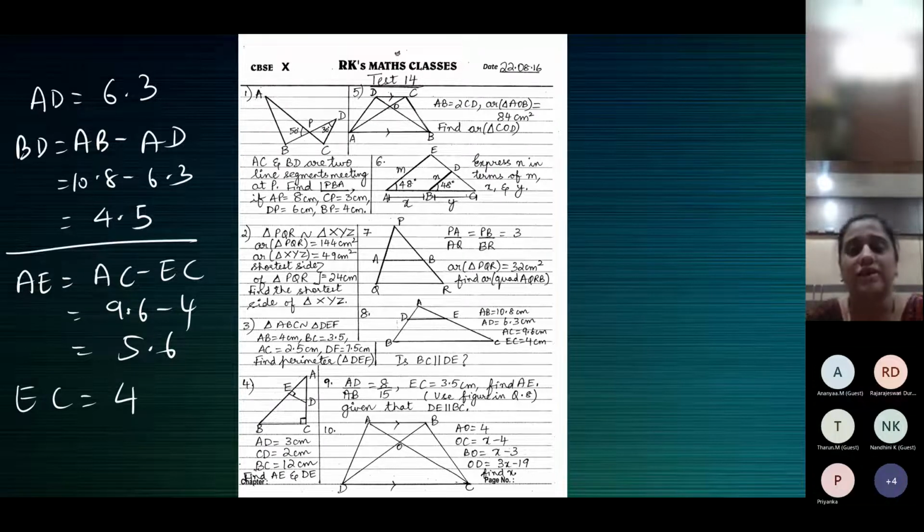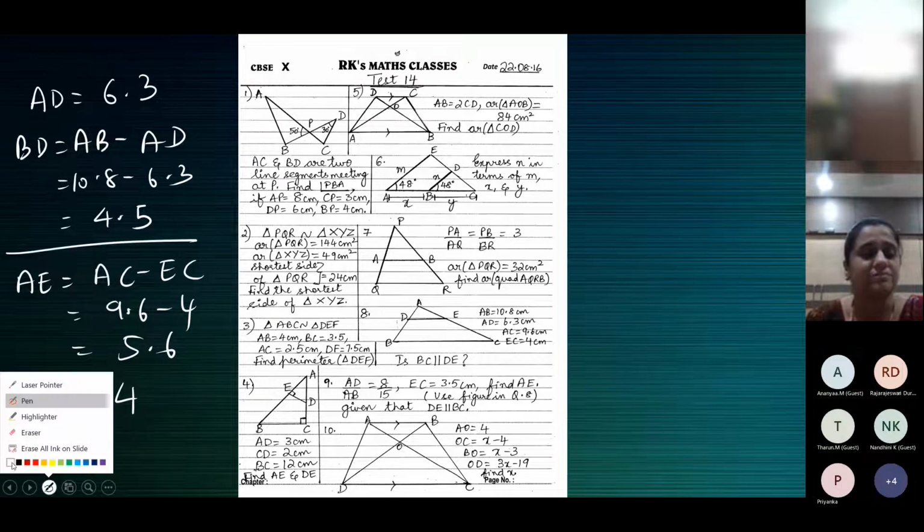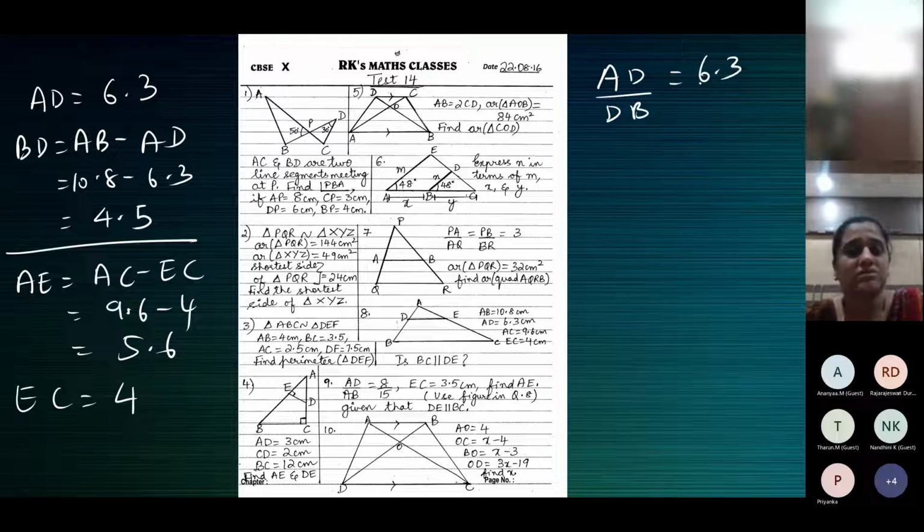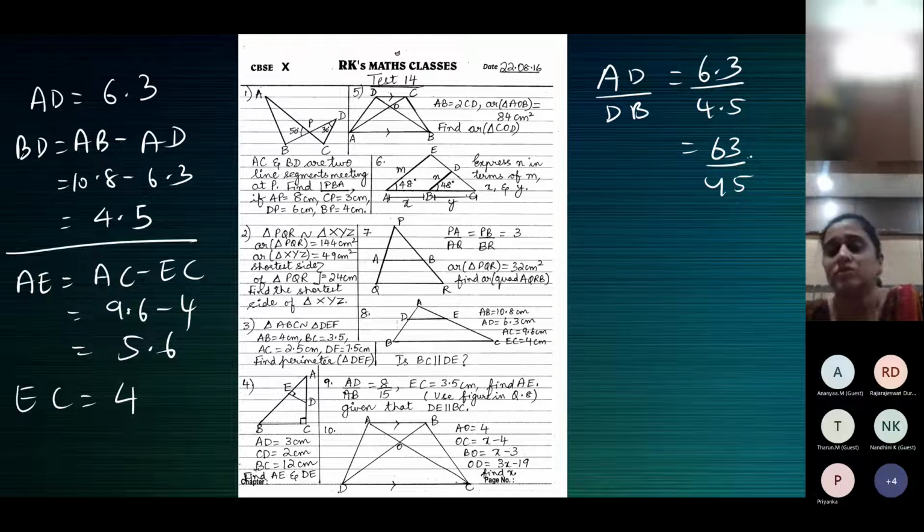Okay. So now you should find the ratio separately. You don't know if they're equal. On the side AB, you have to find AD by DB. How much is AD? How much is DB? Shift the decimal point, 63 by 45. 9 sevens are 63, 9 fives are 45.